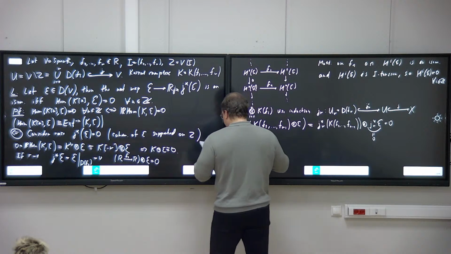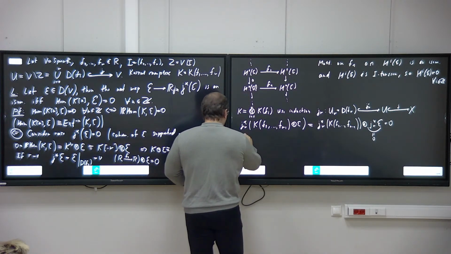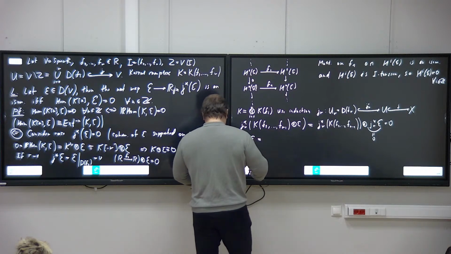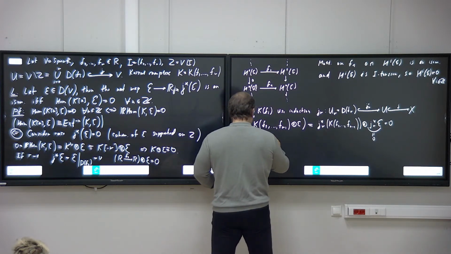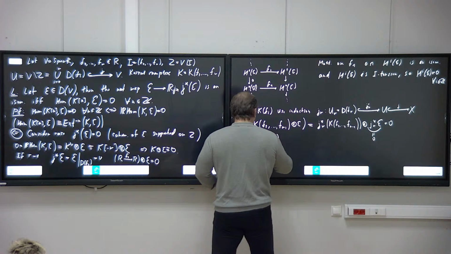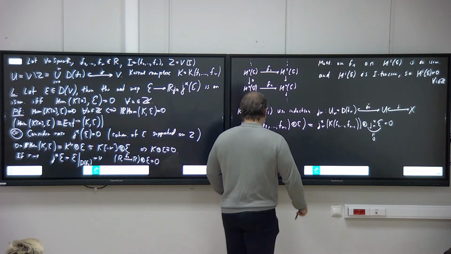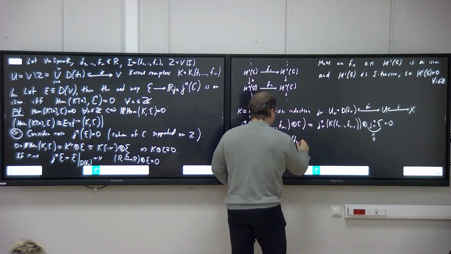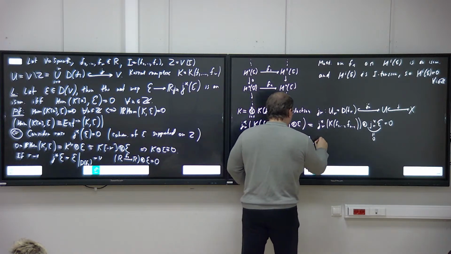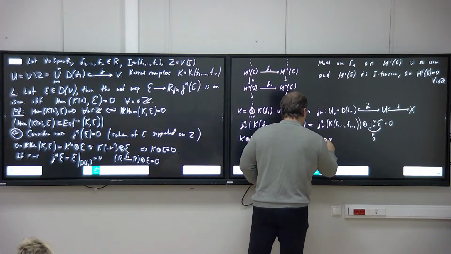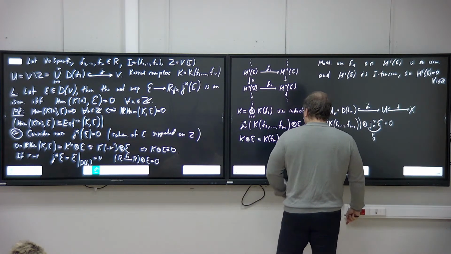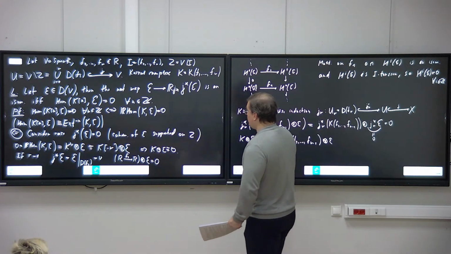And then the second simple observation is that when I write the tensor product of the Koszul complex with the E, I can write this as the tensor product of the Koszul complex K of the F_R, tensor product with the Koszul complex for all other elements except the last one, tensor product with E, right? And my assumption is, of course, that this is 0.